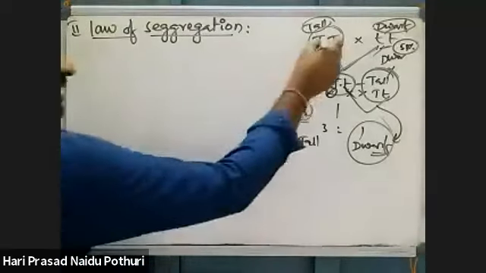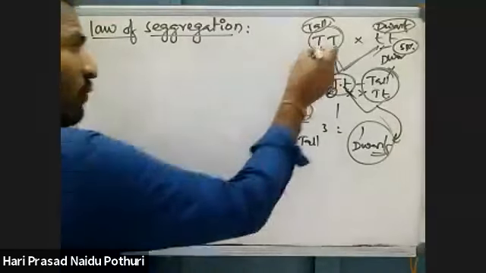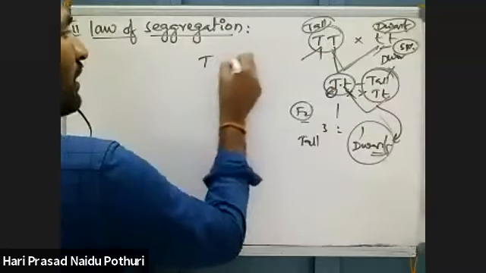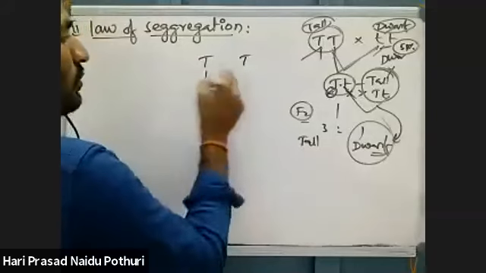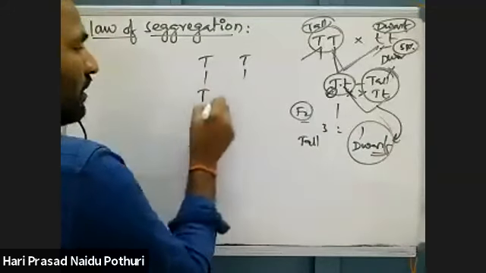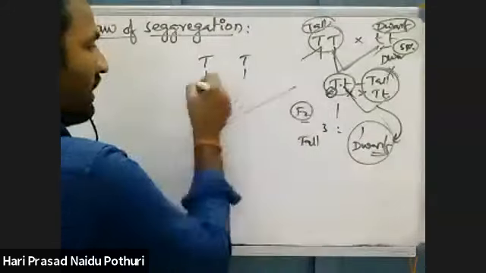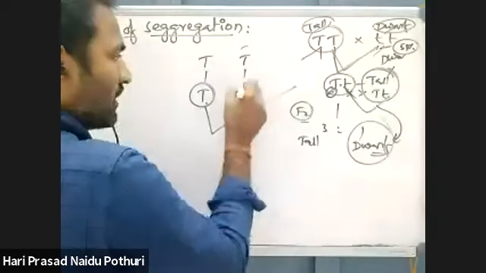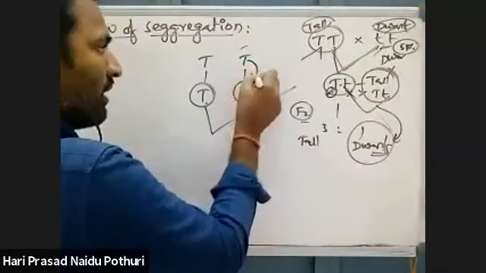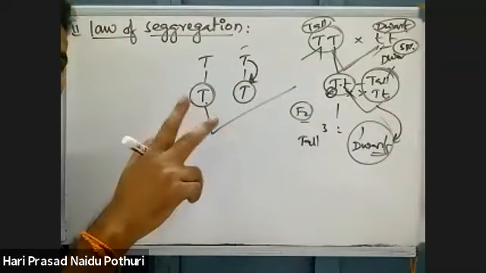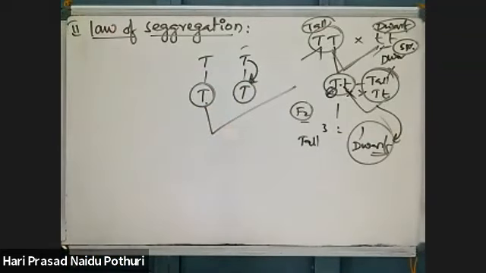As segregation happens, one gamete will get only one allele, and another gamete will get the other allele. Two alleles will not be taken into the same gamete. During gamete formation, the two alleles are separately taken into two different gametes.